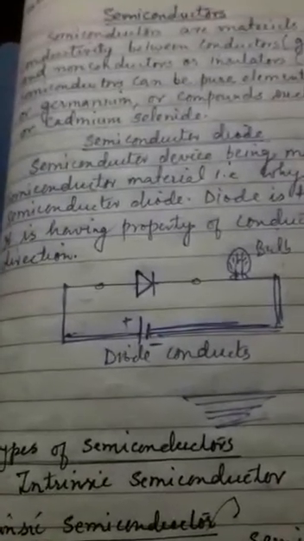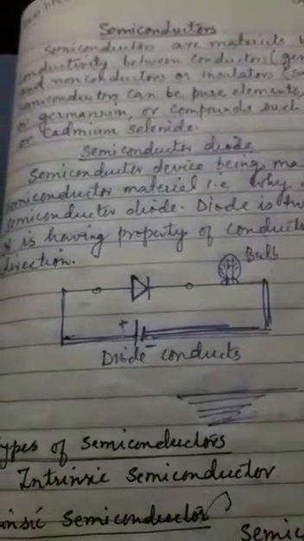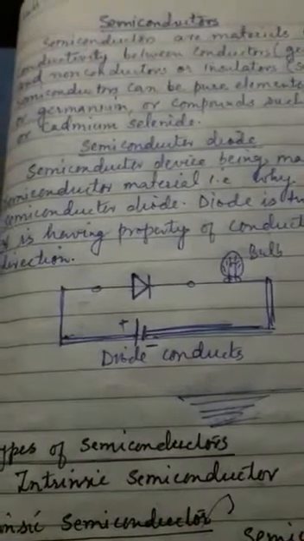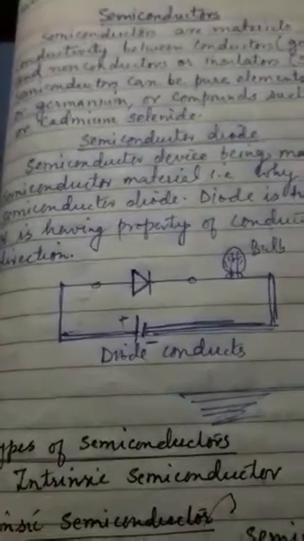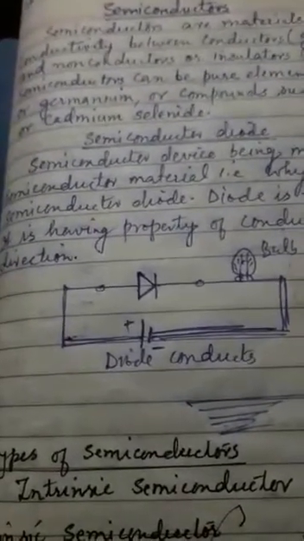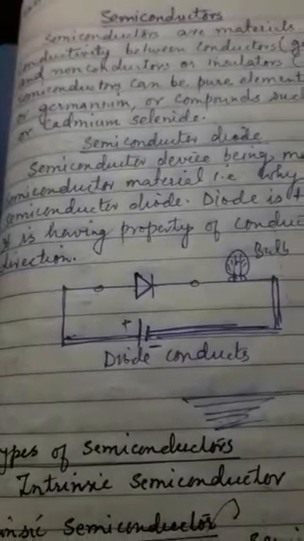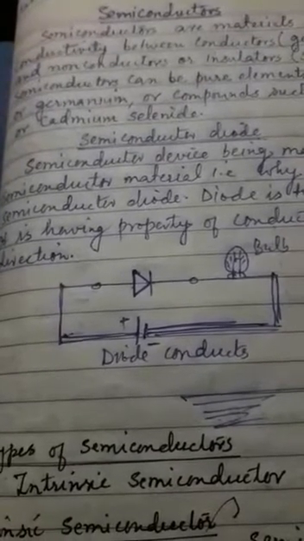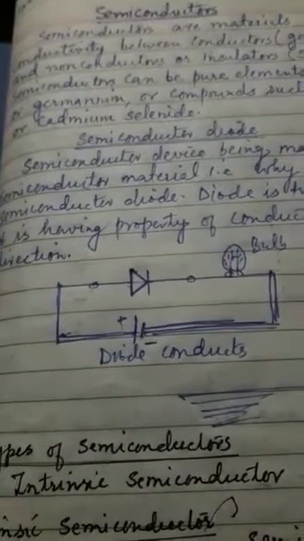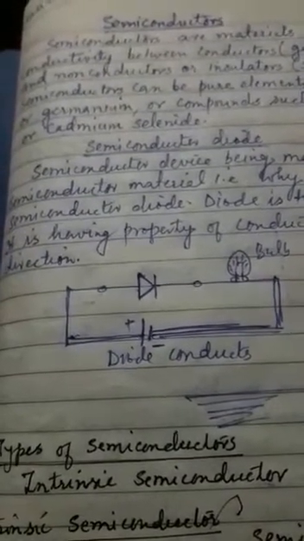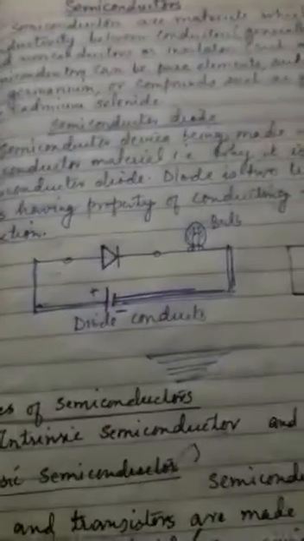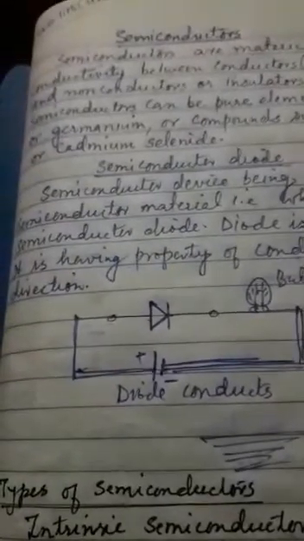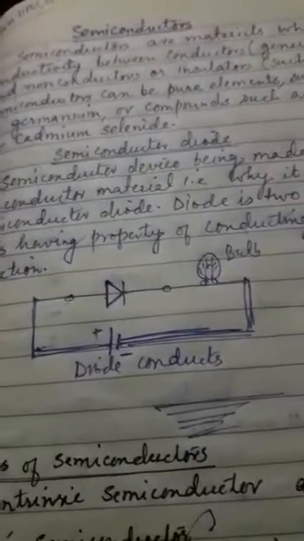We make use of semiconductor diodes, because a semiconductor diode makes current flow in one particular direction only. So this was the main function of the semiconductor diode which I discussed lastly.